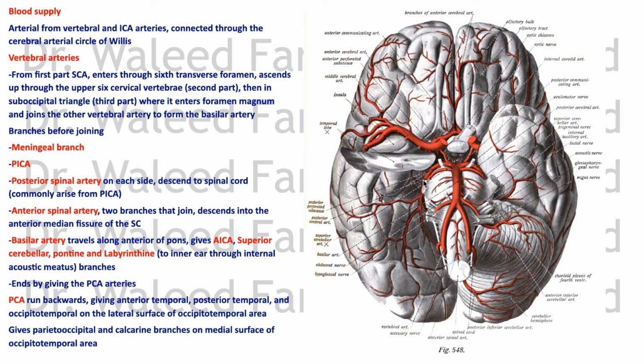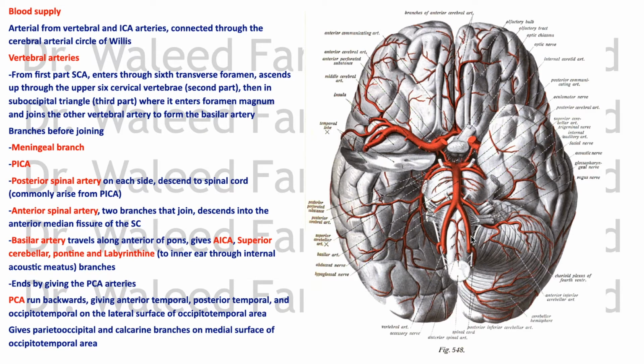Ascends till the atlas. This would be the second part, the first part before it enters, the second part in the vertebral column. The third part is above the atlas and piercing the posterior atlanto-occipital membrane and entering the skull through the foramen magnum, and there it is, the vertebral arteries.